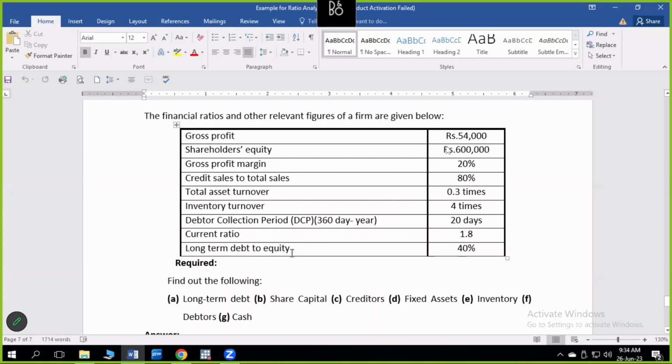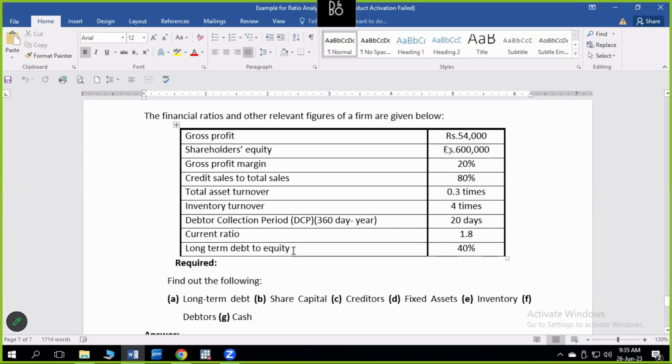So long-term debt to equity, meaning that you want to apply the formula, debt to equity ratio.